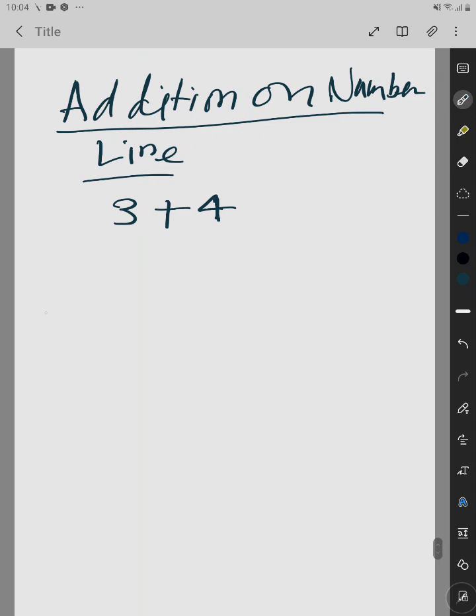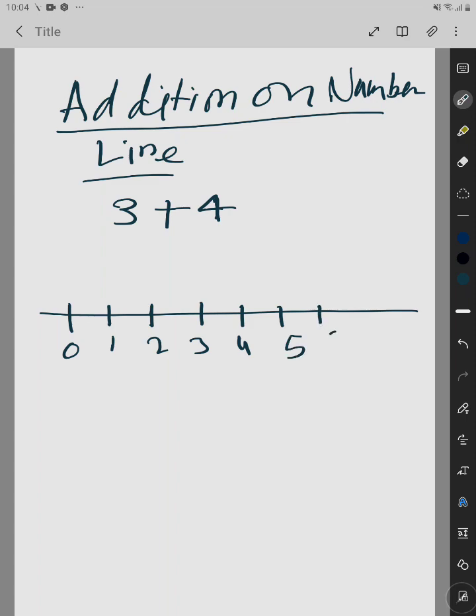First of all we will draw a number line here. The number line will start with 0, and will not go negative here, because we are just concentrating on positive numbers now, and in later exercises we will go to negatives also. So we'll denote 1, 2, 3, 4, 5, 6, 7, 8, and so on.